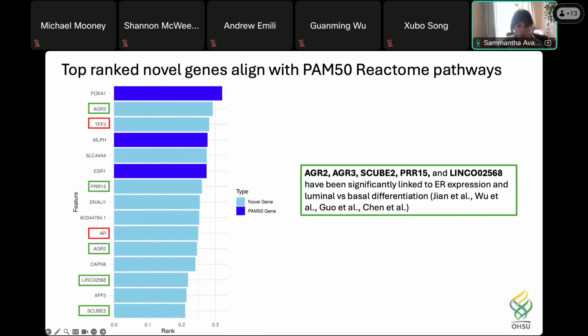In addition to TFF3 as well as AR, several other novel genes that weren't enriched in PAM50 pathways have been significantly linked to ER expression and luminal versus basal differentiation in recent research. And notably, AGR2, AGR3, and SCUBE2 were found to be positively correlated with ESR1, which is the gene that encodes estrogen receptor alpha.